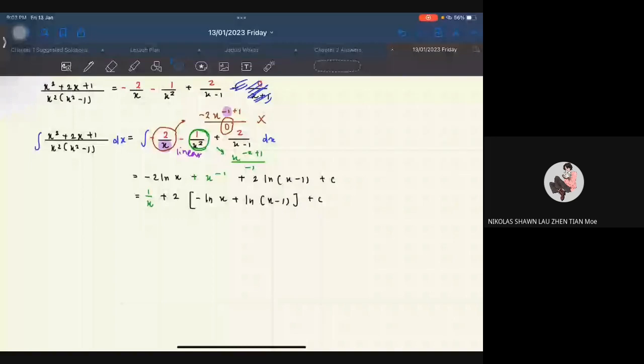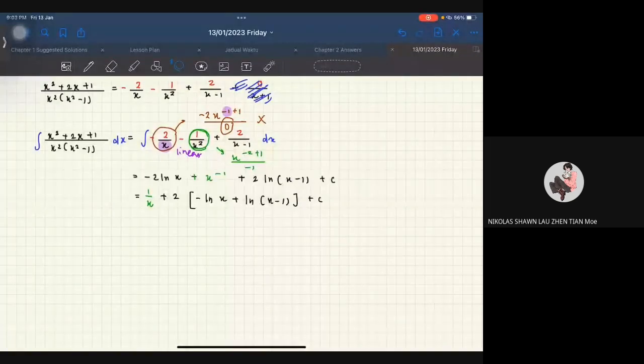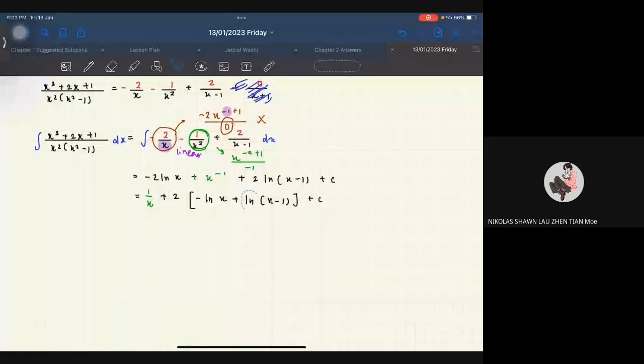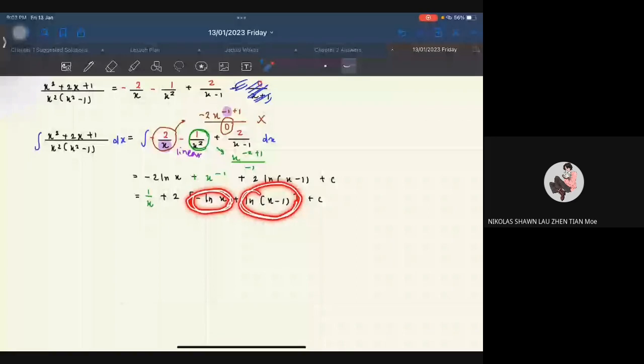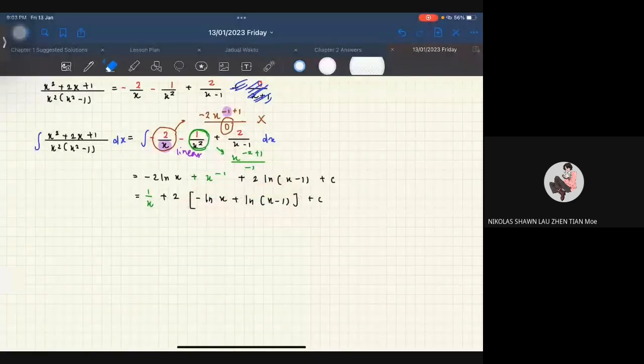Okay, so what do you get when you have ln yang ditolakkan? Okay, so we have a positive ln over here. I have ln x minus 1 minus with ln x. What do we get for this one? Ln tolak ln. Yes, betul. Dia jadi divide.